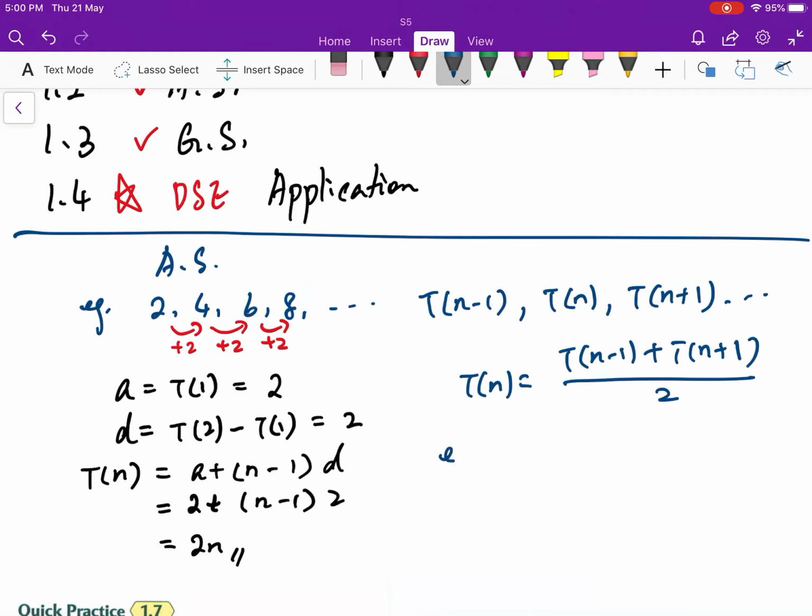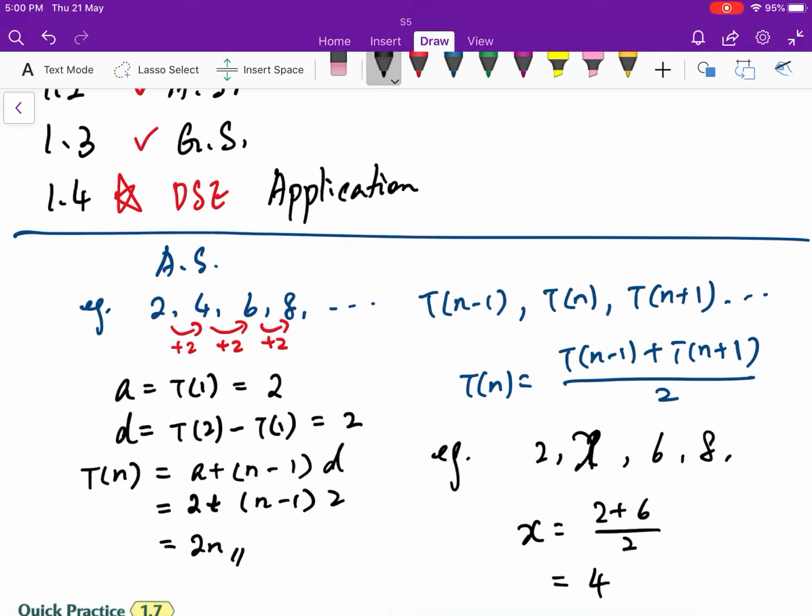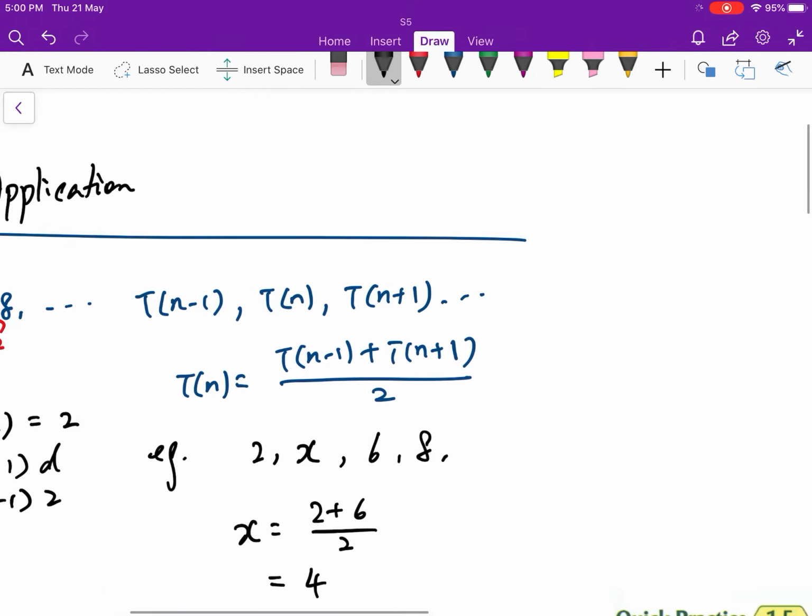For example, I give you 2, unknown, 6, 8, and I want to find the unknown. We can let the unknown be x. Then x equals 2 plus 6 divided by 2, so it will be 4. This is how we use the property to find the unknown. So this is the AS property.